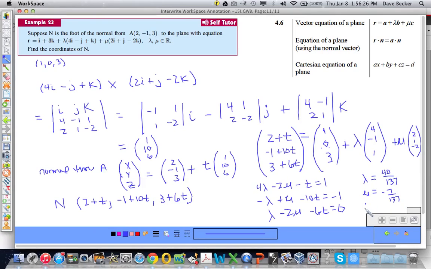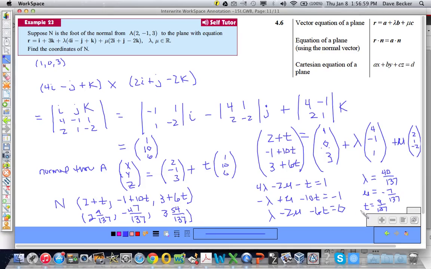And t is equal to 9 over 137. Substituting these back into the parametric equations, I get the point 2 and 9 over 137, negative 47 over 137, and 3 and 54 over 137. So those are my coordinates of n.